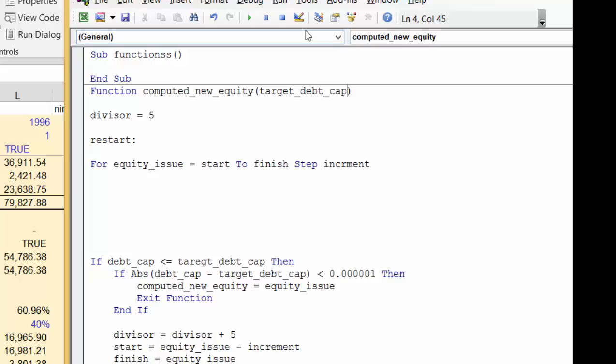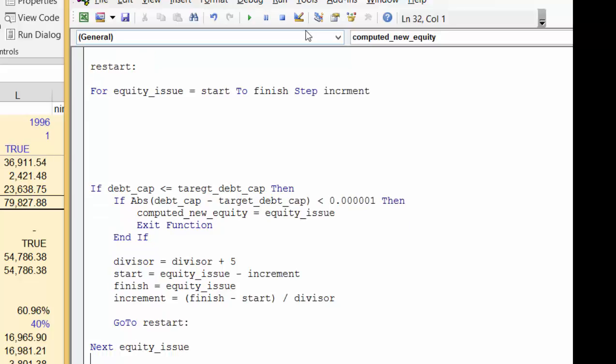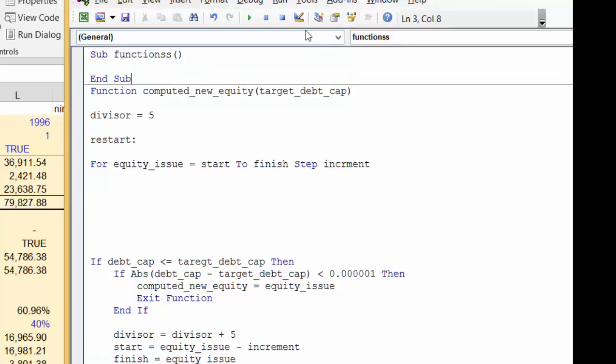Now the next thing we need is we have to compute the target debt to capital ratio. Okay. I think we've got this. So the debt to capital ratio is equal to the ending debt divided by the ending capital.